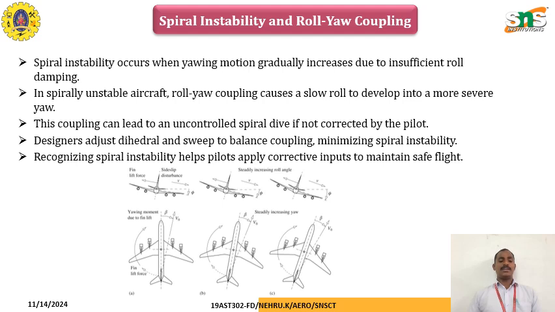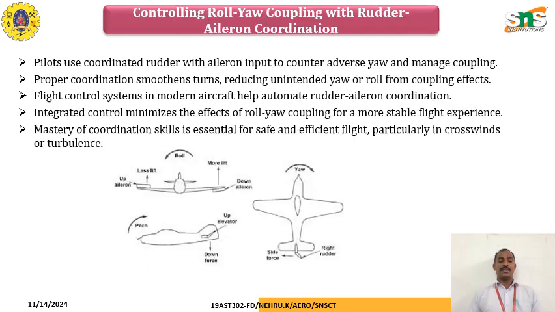This coupling can lead to an uncontrollable spiral dive if not corrected by the pilot. Designers adjust dihedral and sweep to balance coupling, minimizing spiral instability during dynamic operation. Recognizing spiral instability helps the pilot apply corrective input to maintain the aircraft in safer flight.